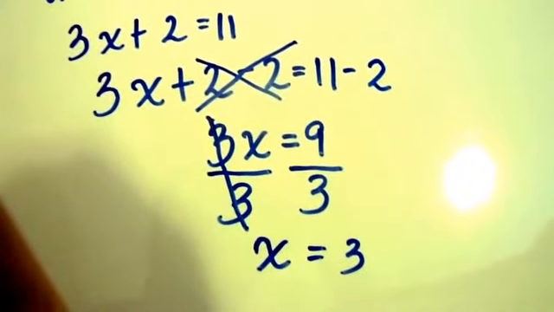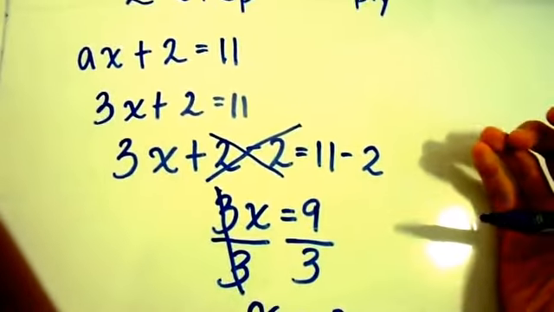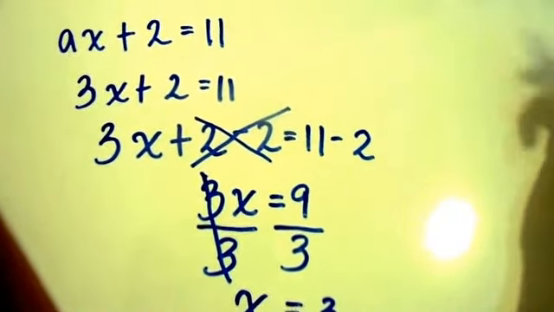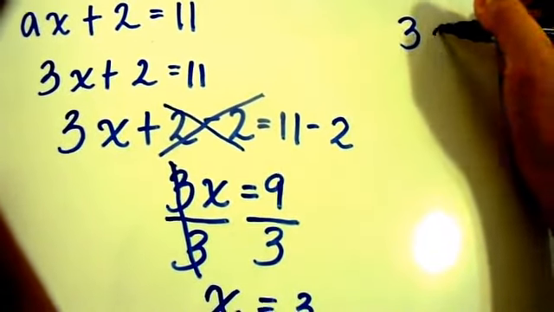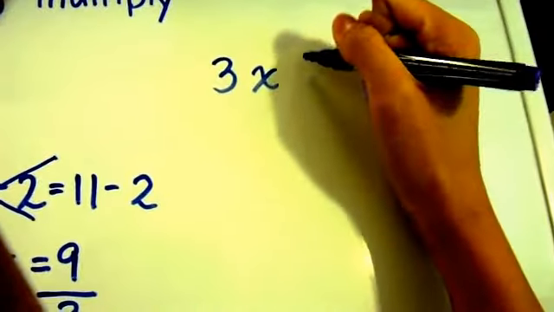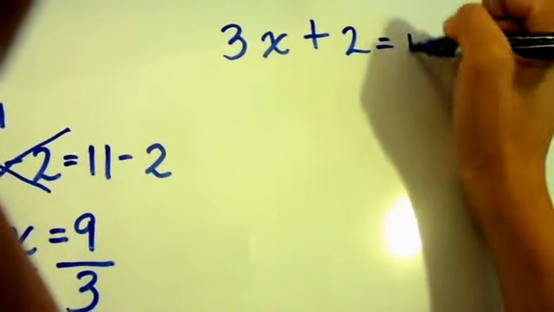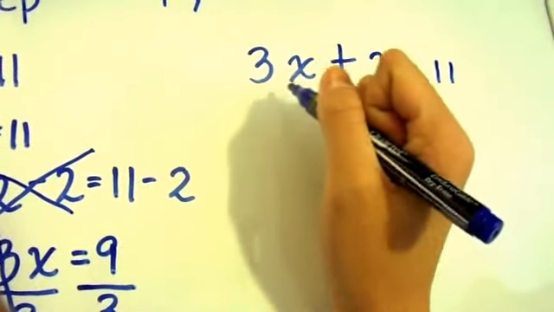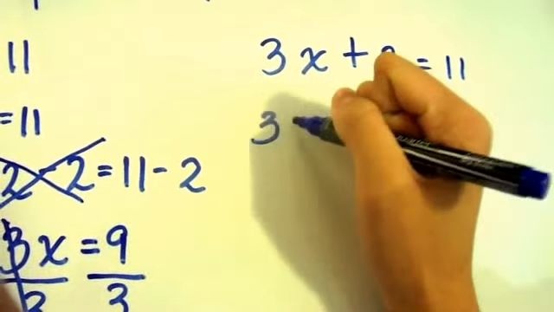Since now we have done that, we will need to check your answer, or should we say verify it. So we should rewrite the equation again. 3 plus 2 equals 11. And since we know x equals 3, we should just put it in brackets.